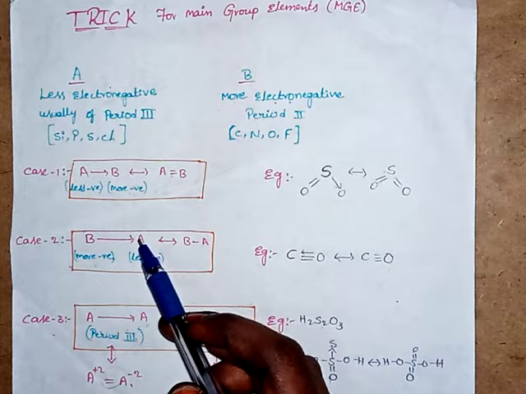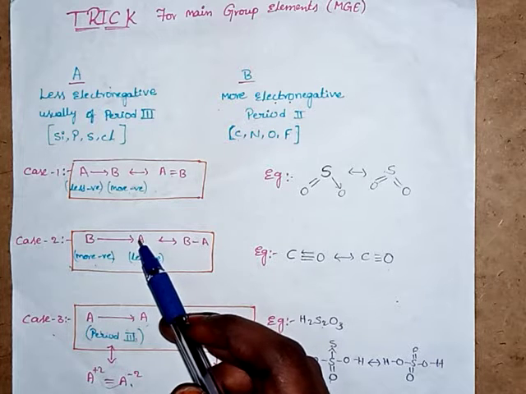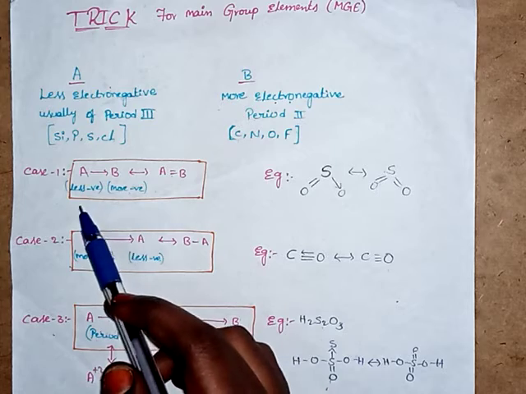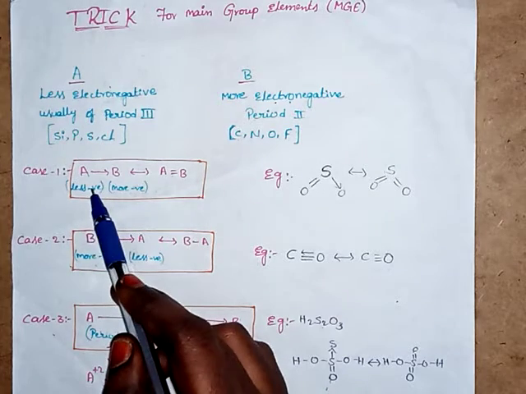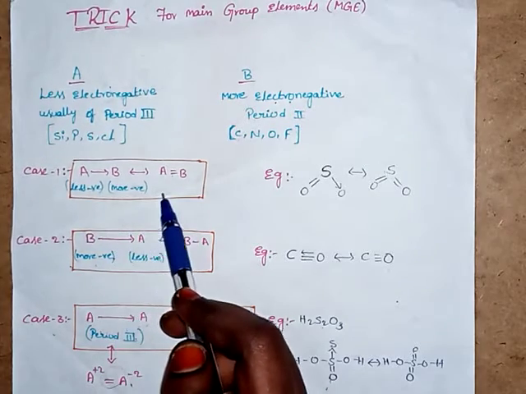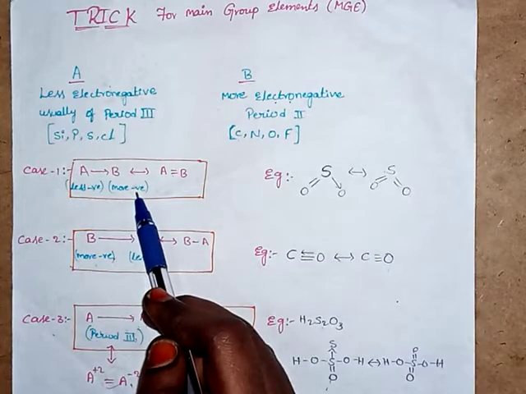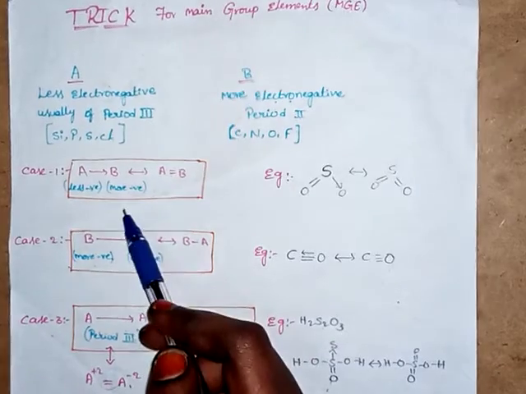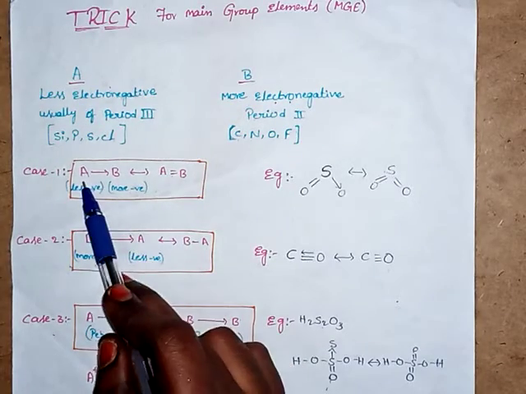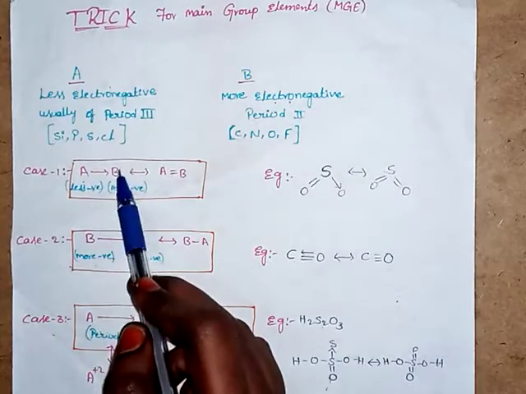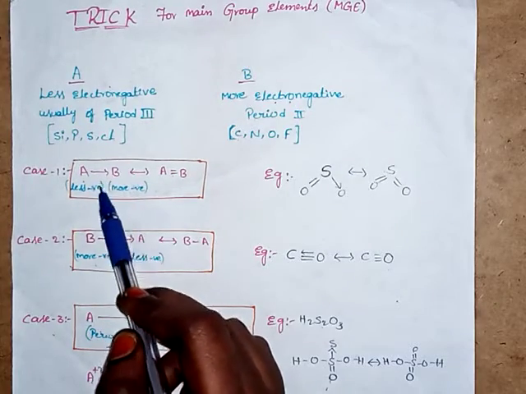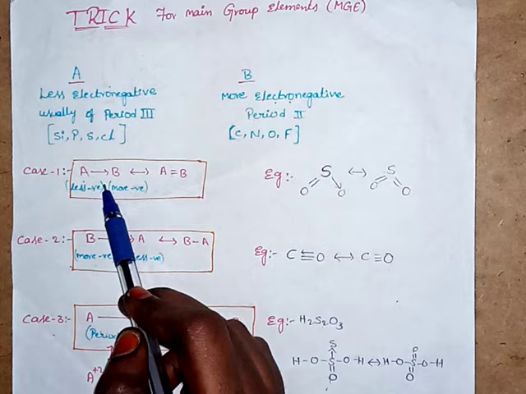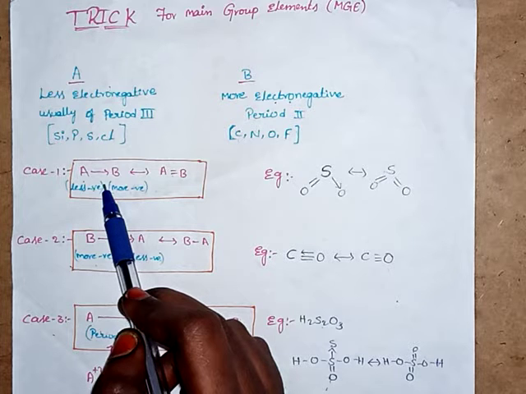Now coming to case 1. If the less electronegative atom gives the electron pair to the more electronegative atom, then you will form a double bond. What is the reason behind this? Because the more electronegative atom does not have any vacant d orbital.